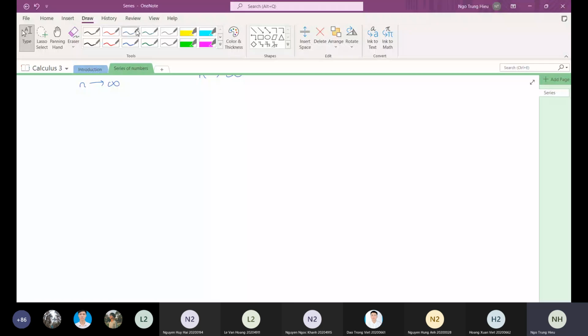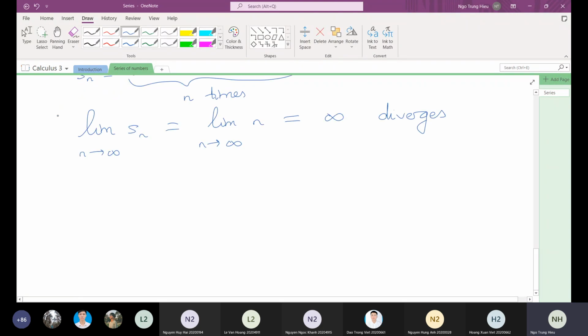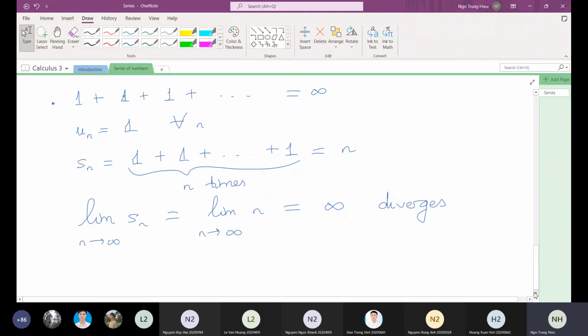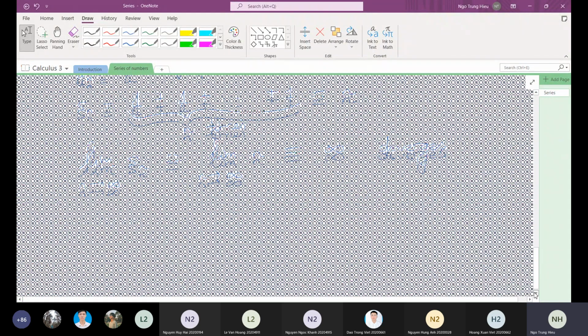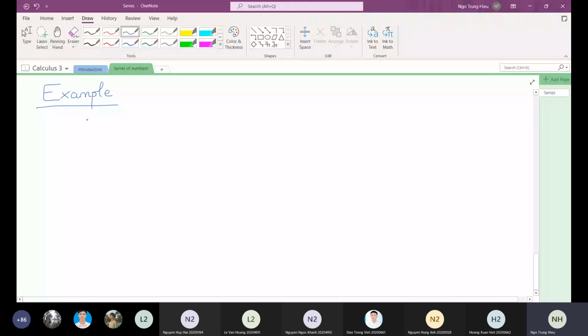So for simplicity, let us start with a series of 1 plus r plus r squared plus r cubed and so on.